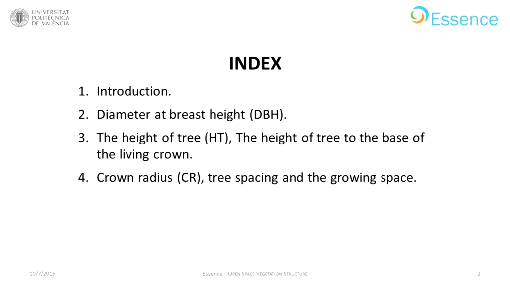Then, we will see the way the tree data are recorded by the description of its diameter at breast height, the height of the tree, the height of the tree to the base of the living crown, and the crown radius of a tree. Finally, tree spacing and the growing space on parks and streets, and other spatial information should be described for the green area.